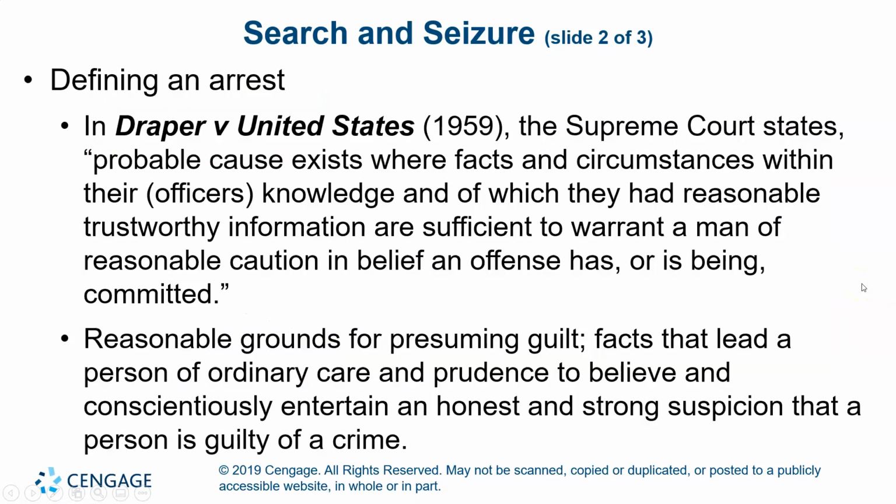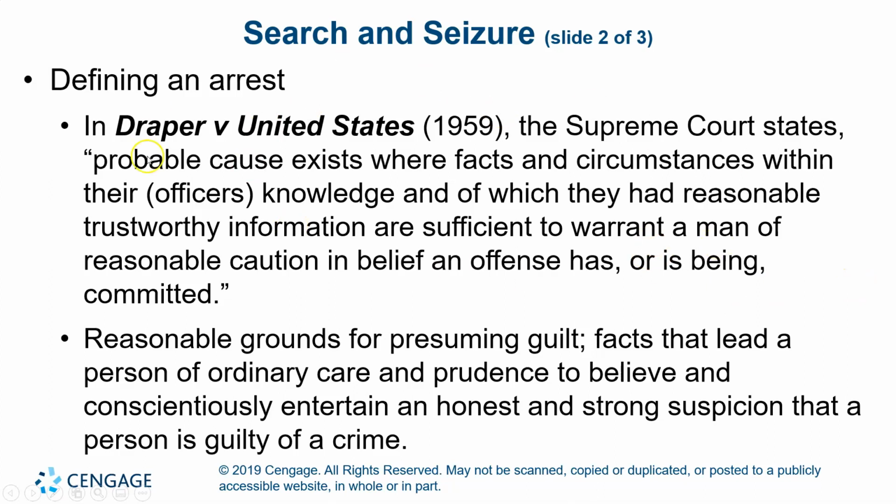So let's define an arrest a little bit more. In Draper versus United States, the Supreme Court states that probable cause exists where facts and circumstances within the officer's knowledge, and of which they had reasonably trustworthy information, are sufficient to warrant a man or woman of reasonable caution in the belief that an offense has been or is being committed.